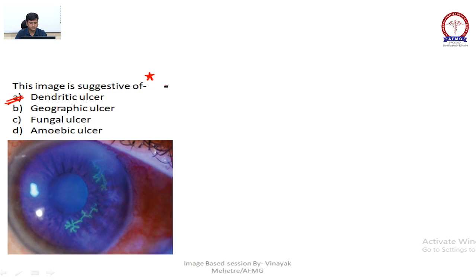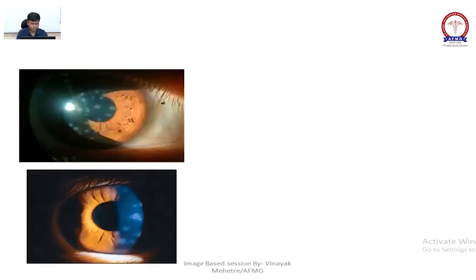Before that, they have given the same image and they asked what is the treatment. Before that, true about dendritic ulcer, what it causes with corneal sensation. It decreases corneal sensation. They have asked 3-4 questions continuously and the same image which I am showing you right now.